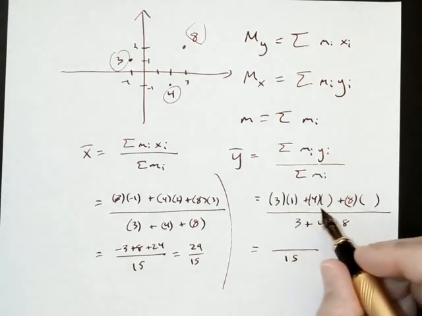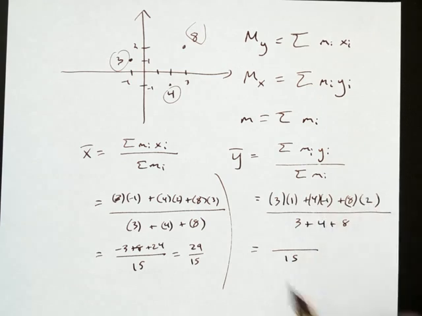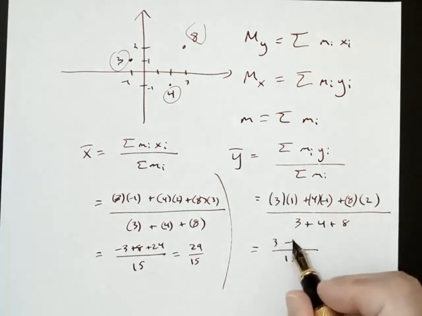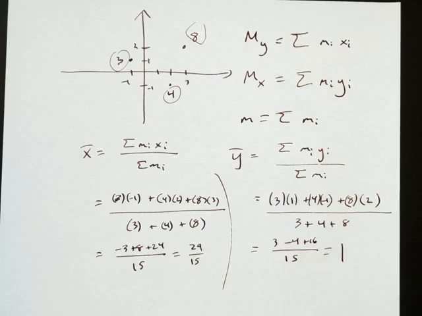The 3 is at a height of 1. The 4 is at a height of negative 1. The 8 is at a height of 2. So that's 3 minus 4 plus 16. It's 15 over 15. Yay.